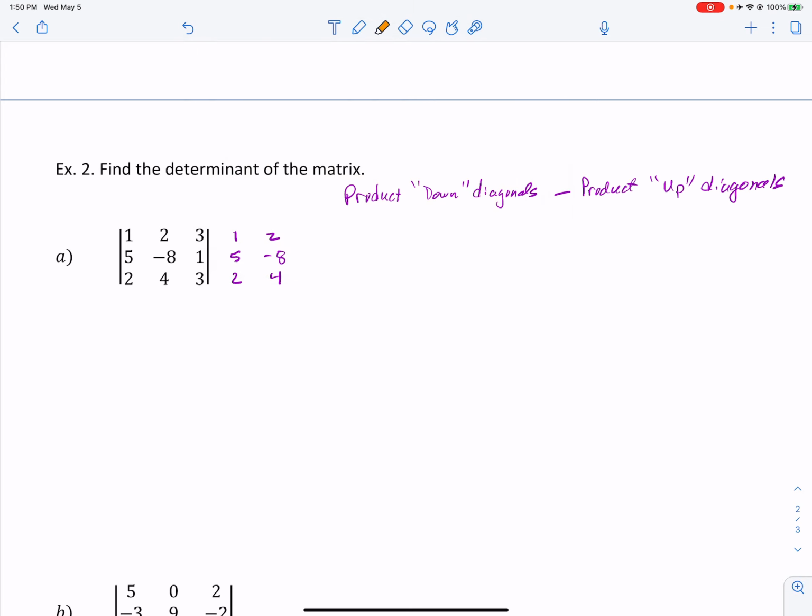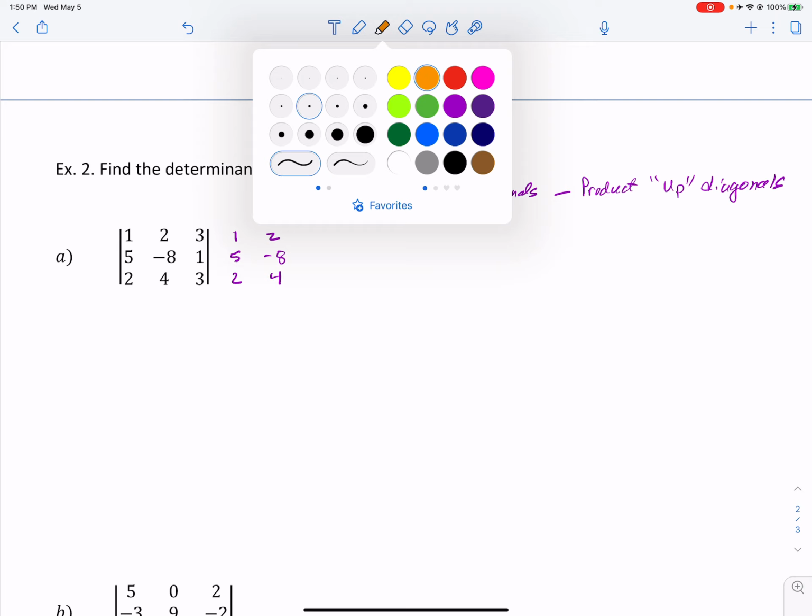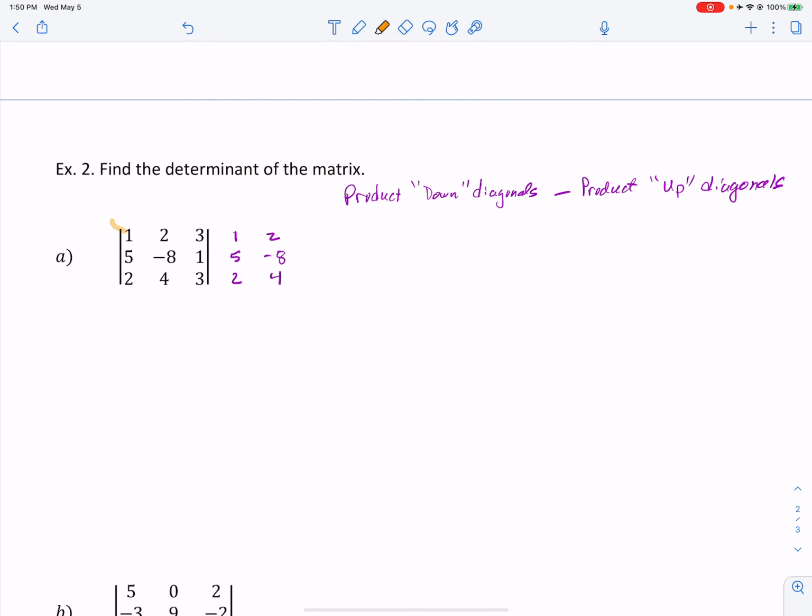We have this diagonal going down, and we take the 1, the -8, and the 3, and we multiply those. So the 1 times -8 times 3 is a -24.